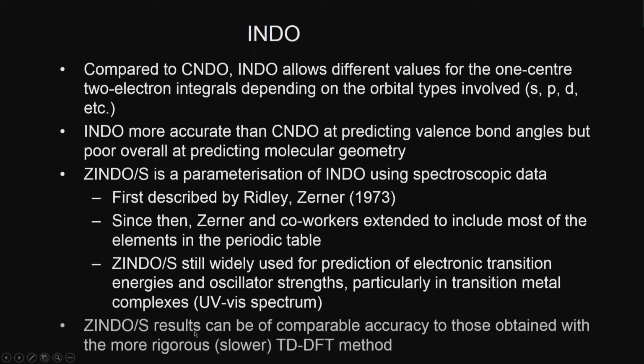ZINDOS results can be of comparable accuracy to those obtained with the DFT method. DFT are called density functional methods, which come under the ab initio category. So that is the beauty of this type of method if you have transition metals in your molecules.